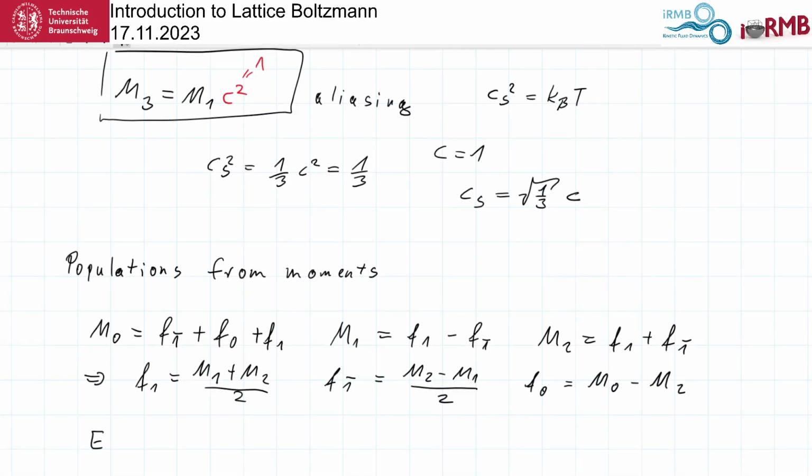And if we put the equilibrium into it, then we get M0. Oh yeah, the M0 equilibrium was rho, M1 equilibrium is rho U, and M2 equilibrium is rho 1/3.